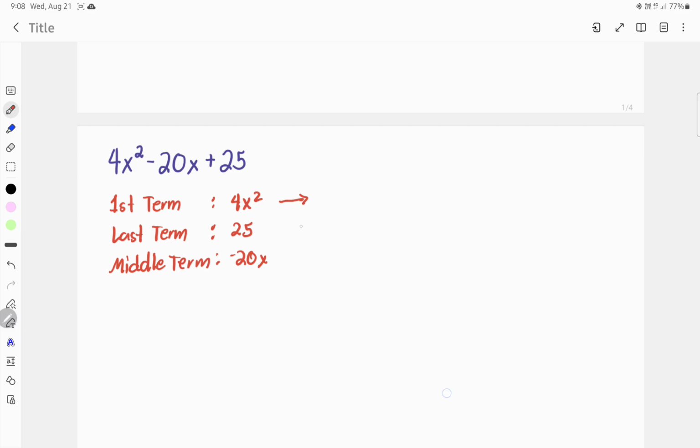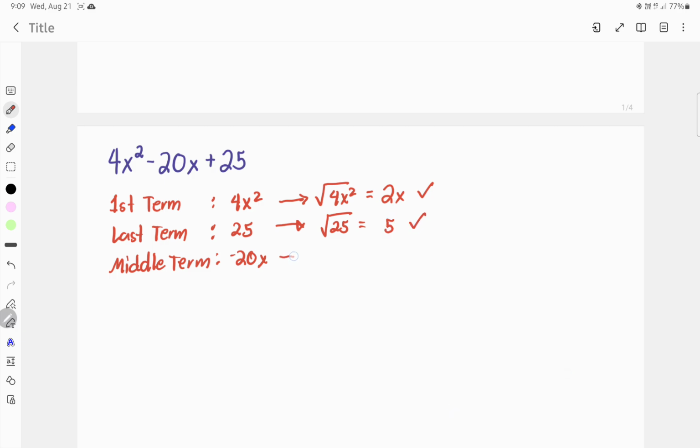So working with that, the first thing that you need to get is the square root of the first term. So getting the square root of 4x squared, we identify that is 2x. So it means it's a perfect square. Good job. So we get the square root of 25. That could be 5.